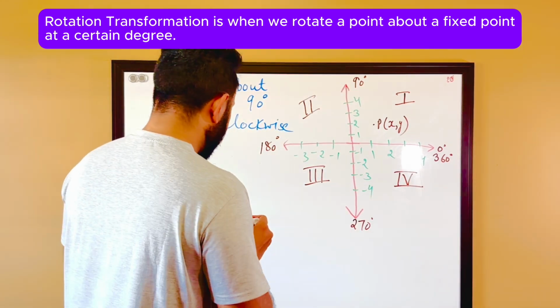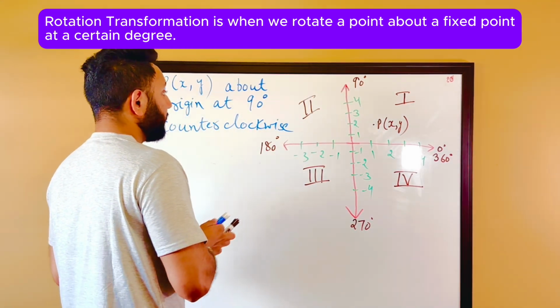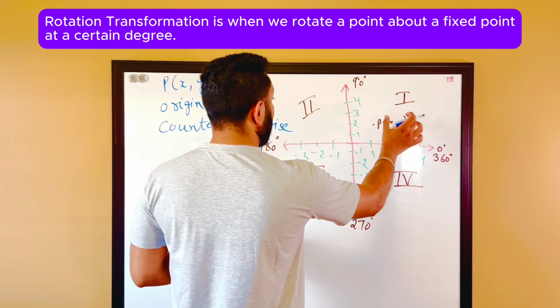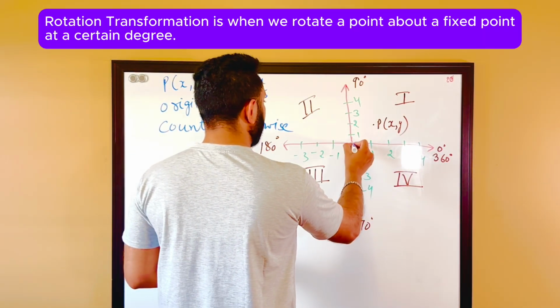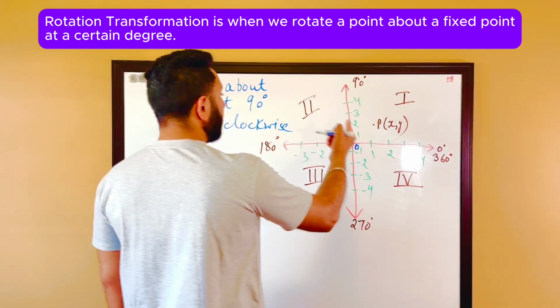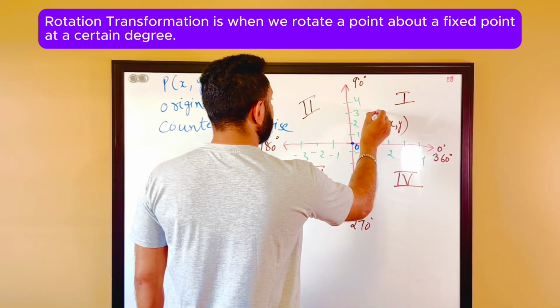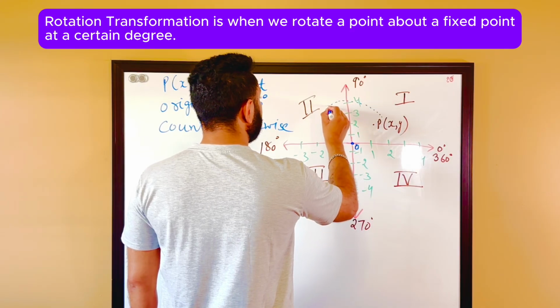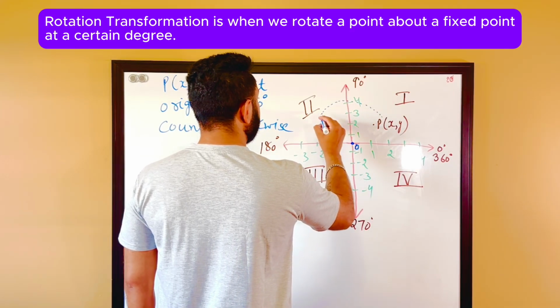And we have to apply the rotation transformation. Means we have to rotate this point about an origin at 90-degree counterclockwise. That means the point will be here.